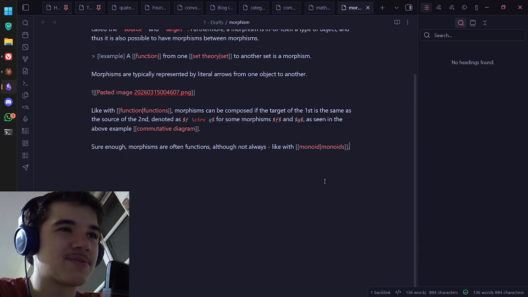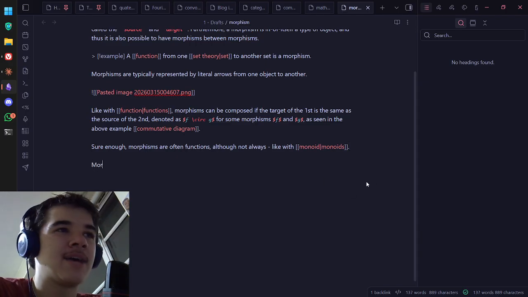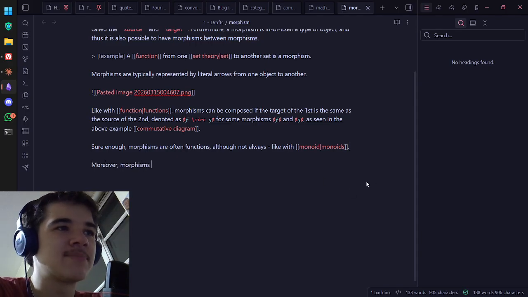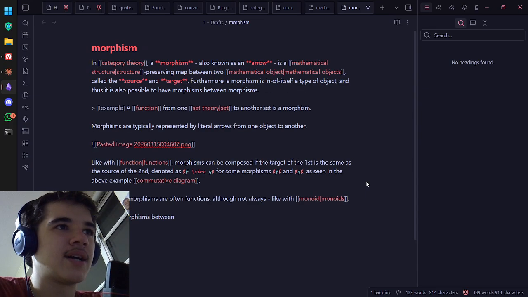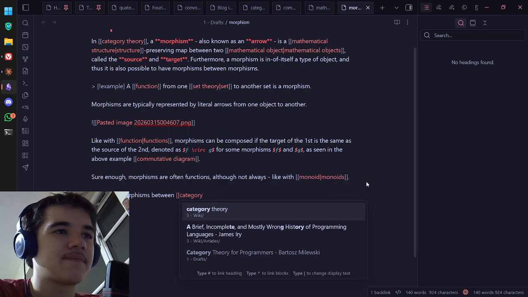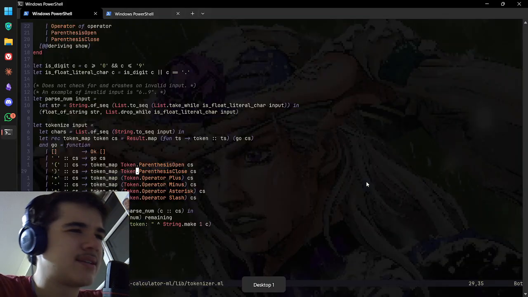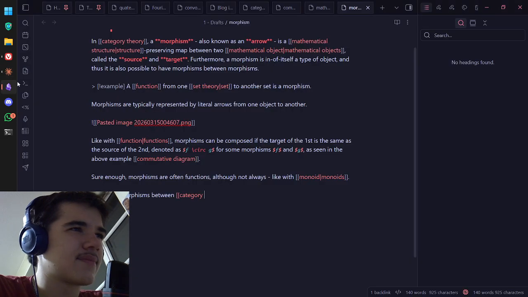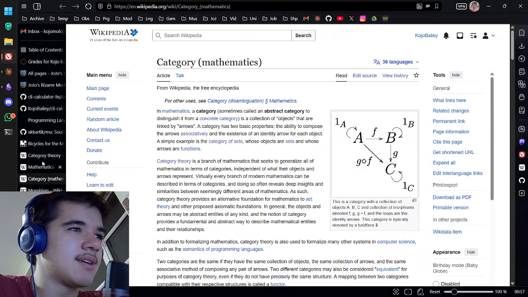Okay, so sure enough, morphisms between categories. I have not mentioned categories yet. Man, naming conventions, dude. Mathematics.